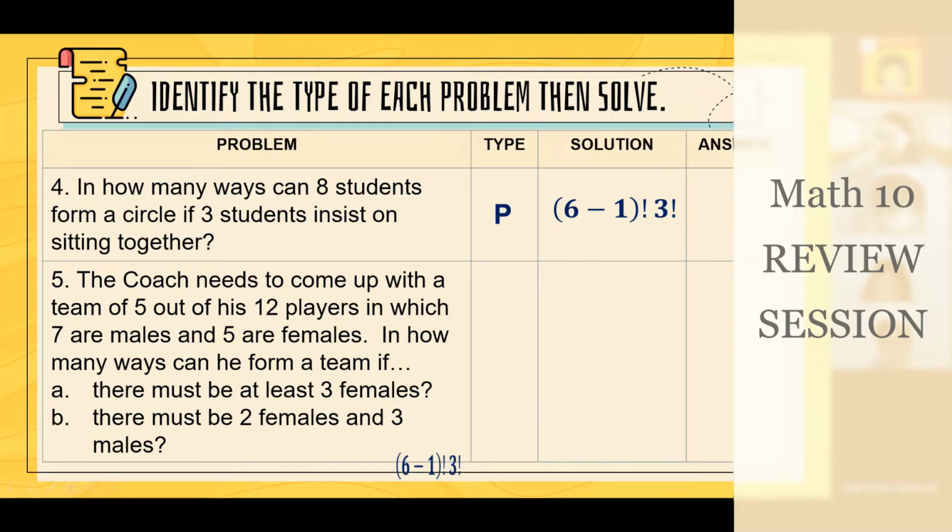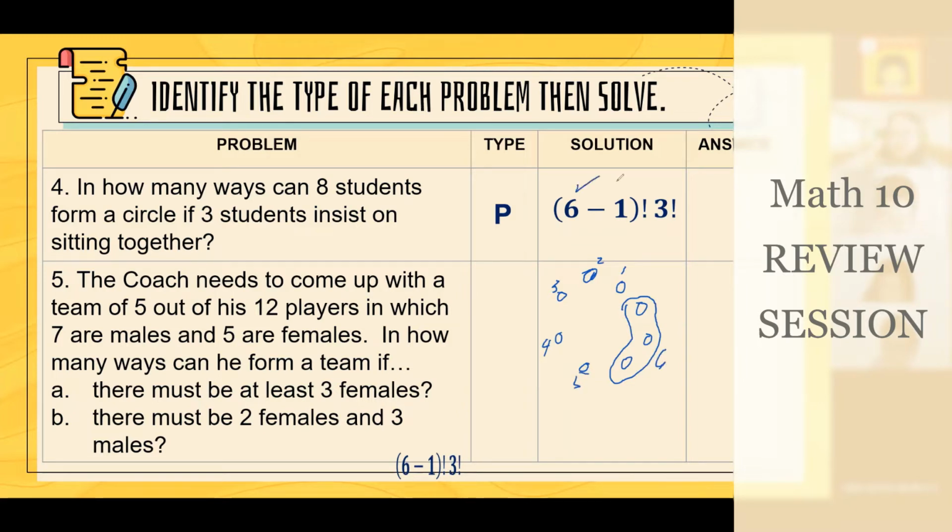So whenever it's about a circle, you have to subtract 1. So don't forget this type of problem. So there are 8: 1, 2, 3, 4, 5, 6, 7, 8. The 3 would like to be together all the time. If you count 1, 2, 3, 4, 5, 6, those 3 are considered as 1.